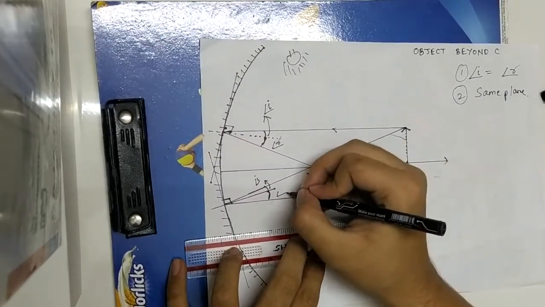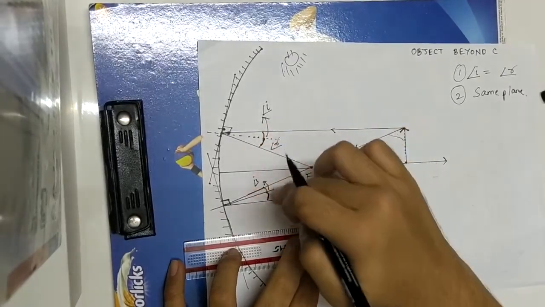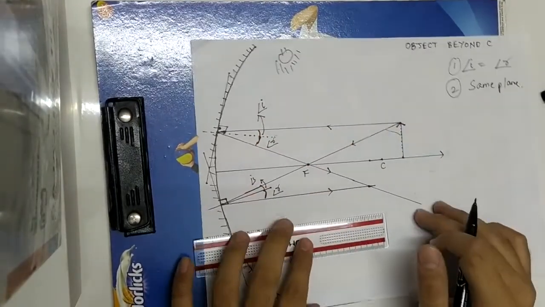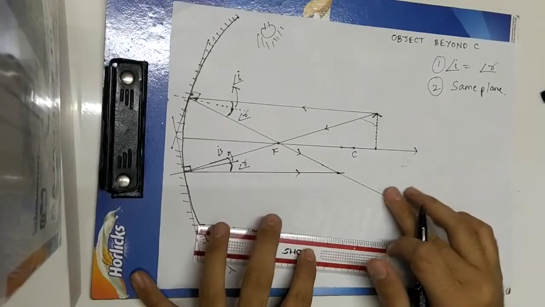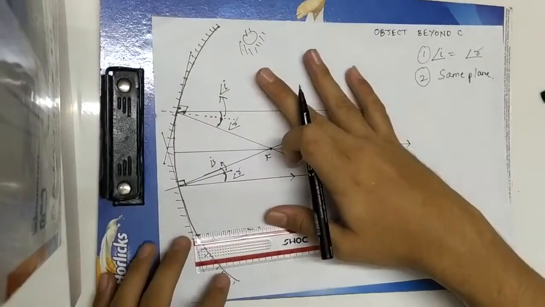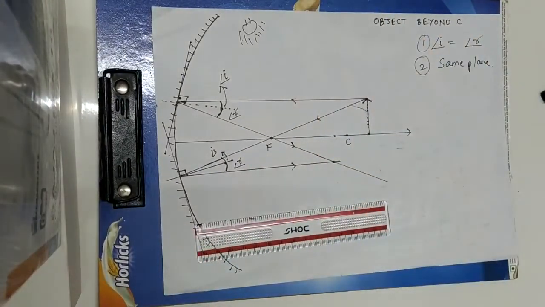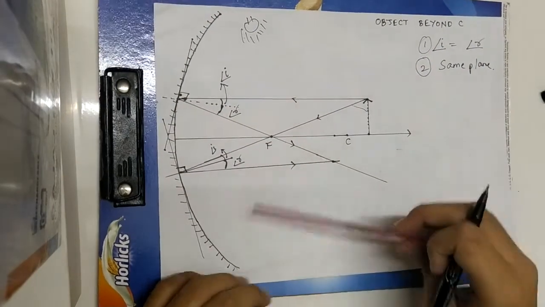Actually we can see that it is not exactly the same because my drawing is not good, but in real life it has to be the same. You can draw it properly if you use a protractor, compass and all, then you will get it exactly correct, but that will take too much time, so I'm not doing that.